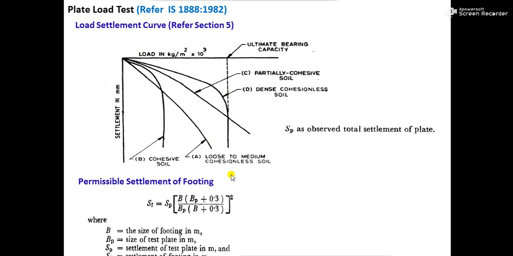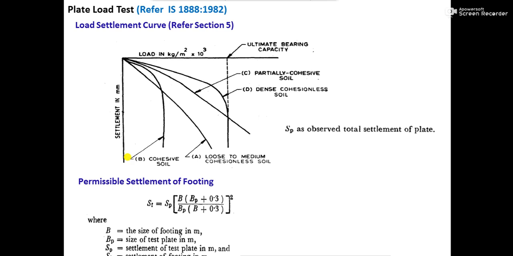The nature of your curve will totally depend on your testing process. Okay. And the readings you get in the field, you just plot them: the stress on the soil along the x axis and the settlement of the plate along the y axis, and thus you should be able to get the load settlement curve.